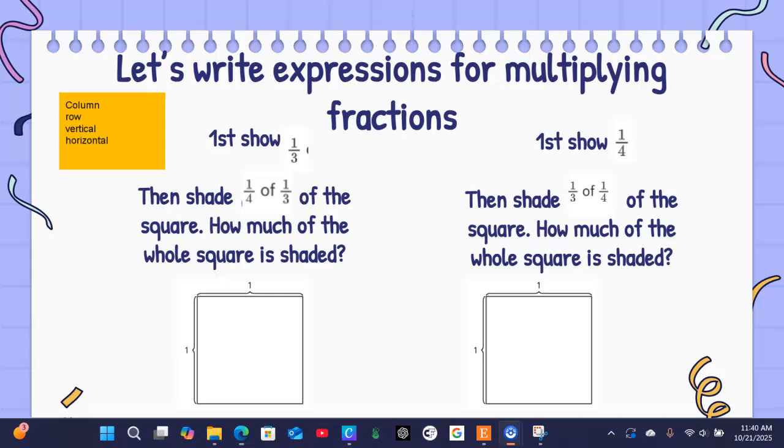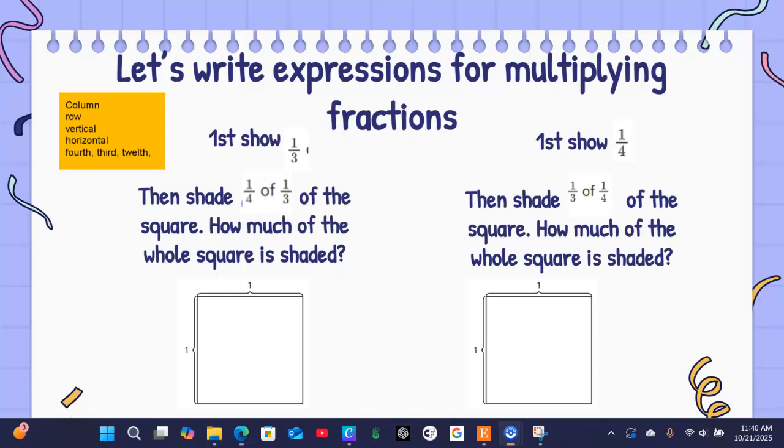And we'll use words like fourth, third, 12th. I hope I spelled that right. I think that's all I need for right now.